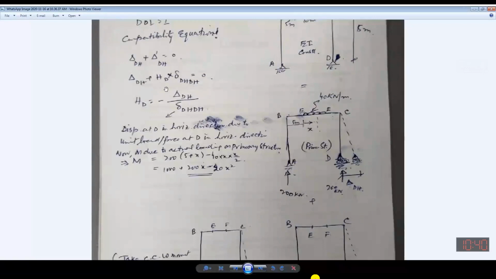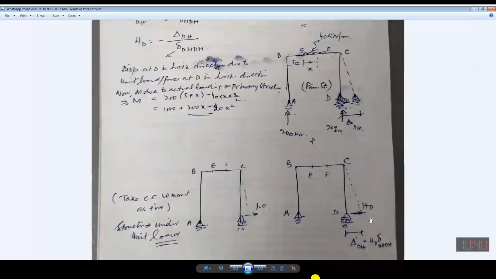So now, if I simplify this expression, then HD will be equal to minus delta DH over this one. Now you can see that this is a negative sign. It indicates that the direction for the HD has been taken wrongly. It should have been applied in the leftward direction.